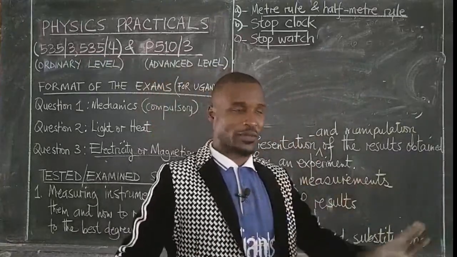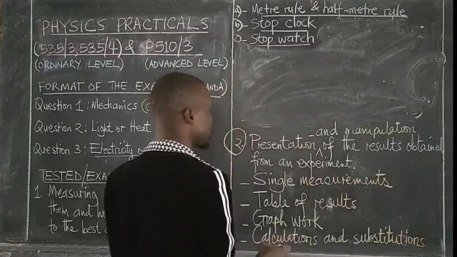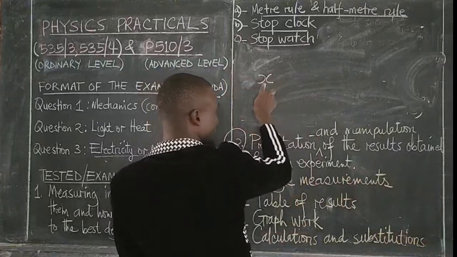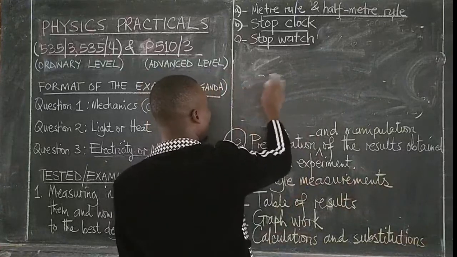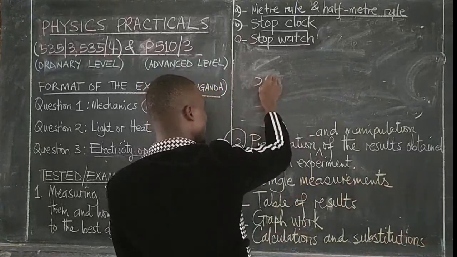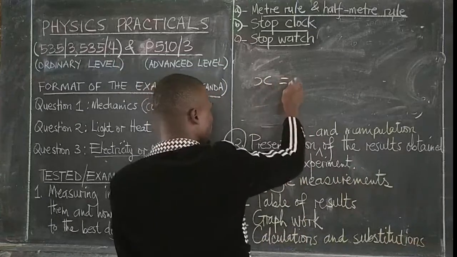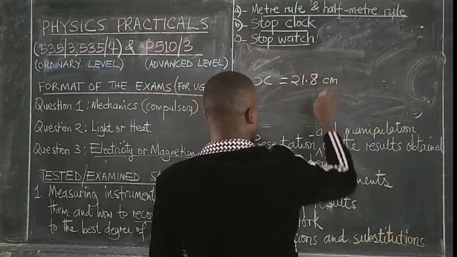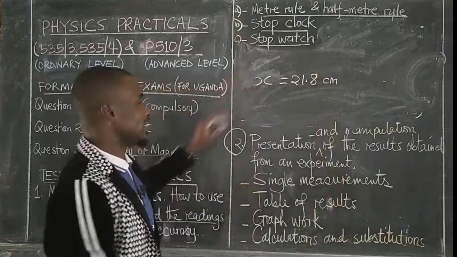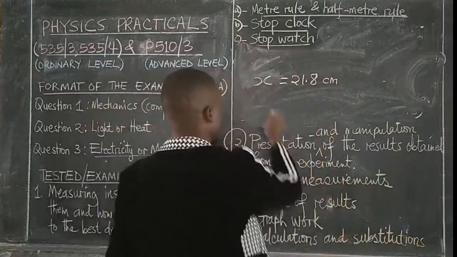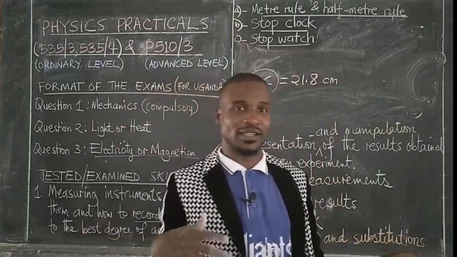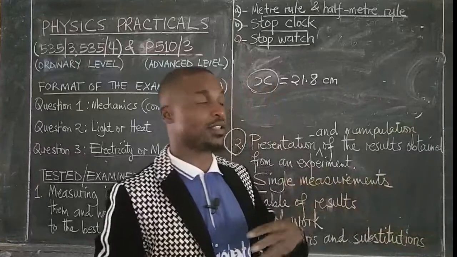Common letters which disturb students when they are writing in UNEB, and they end up doing their own experiments, come up when someone is asked to record maybe an x. Record the x. You see what I've written? This is what they write: x equals 21.8 centimeters. What is this? Those are two C's dancing back to back and face to face.